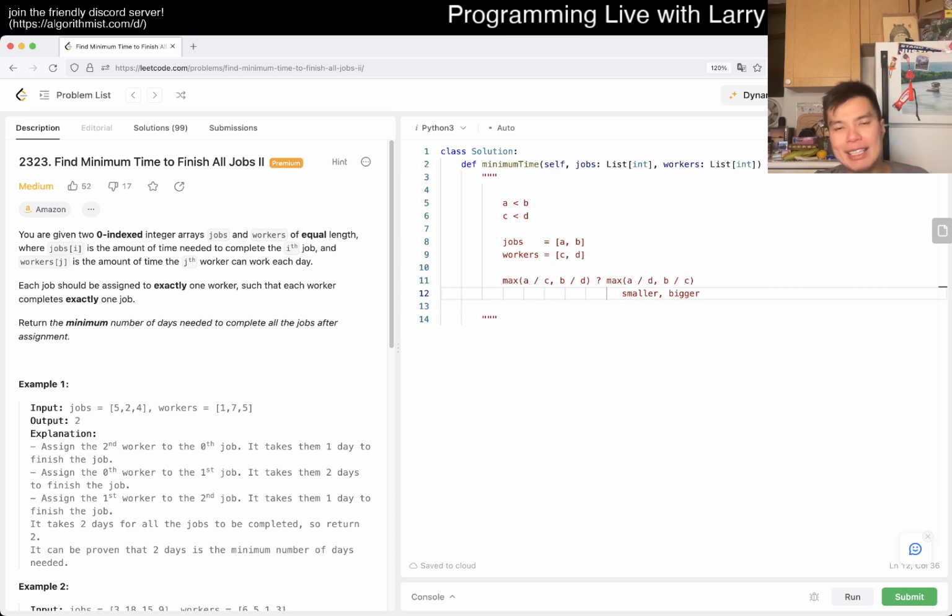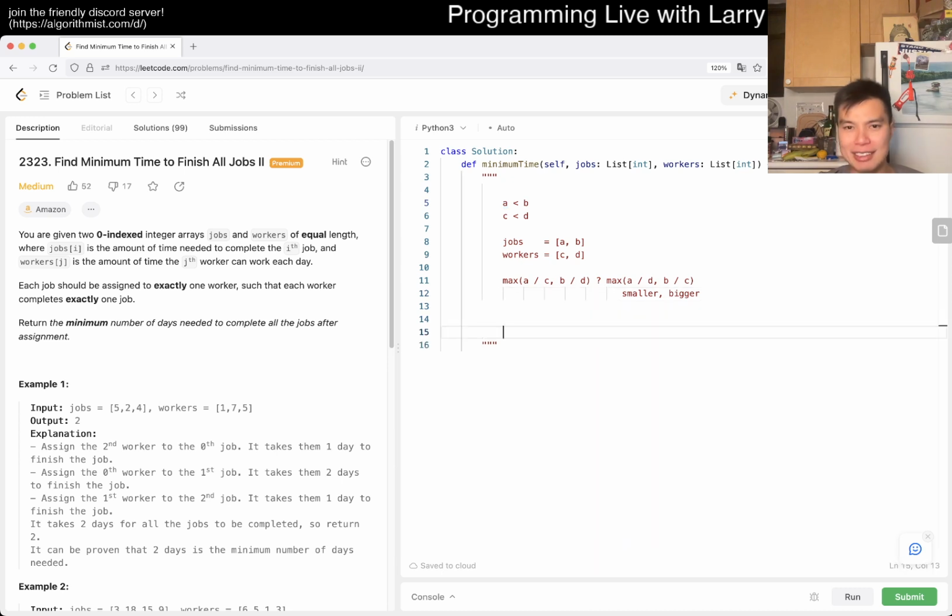So because A is the smallest number and D is the largest number, it got smaller, but it also means that this number gets dominated by this number. Is that clear? I wanted to prove that in my head, but this here is a little bit weird.